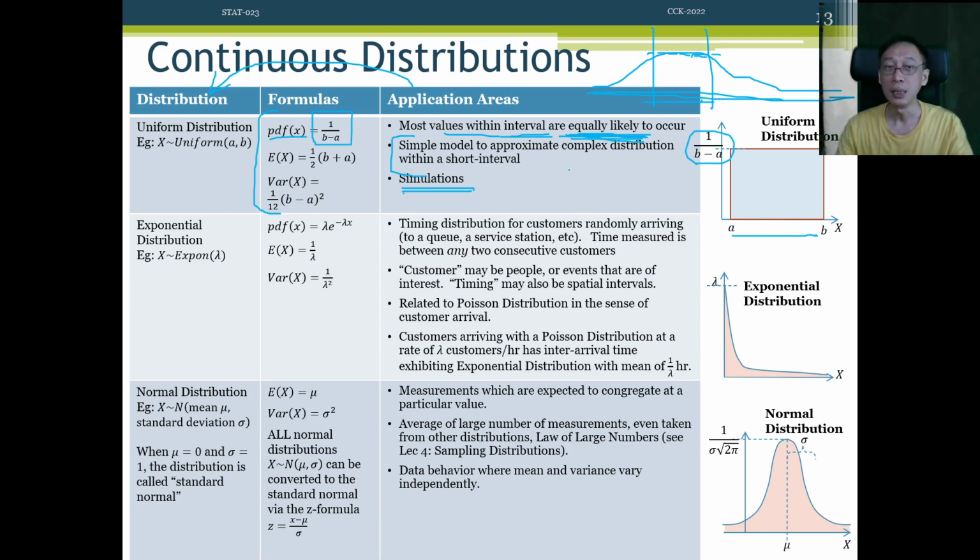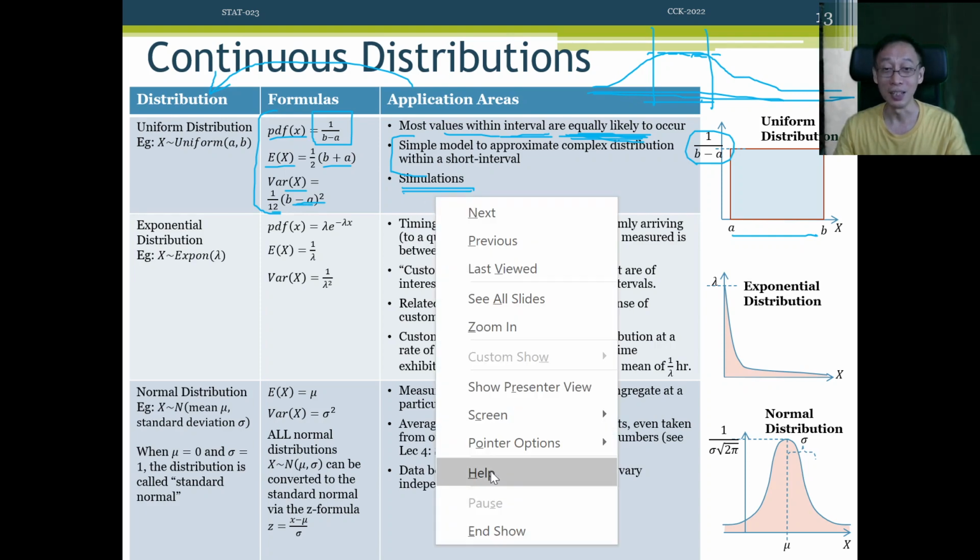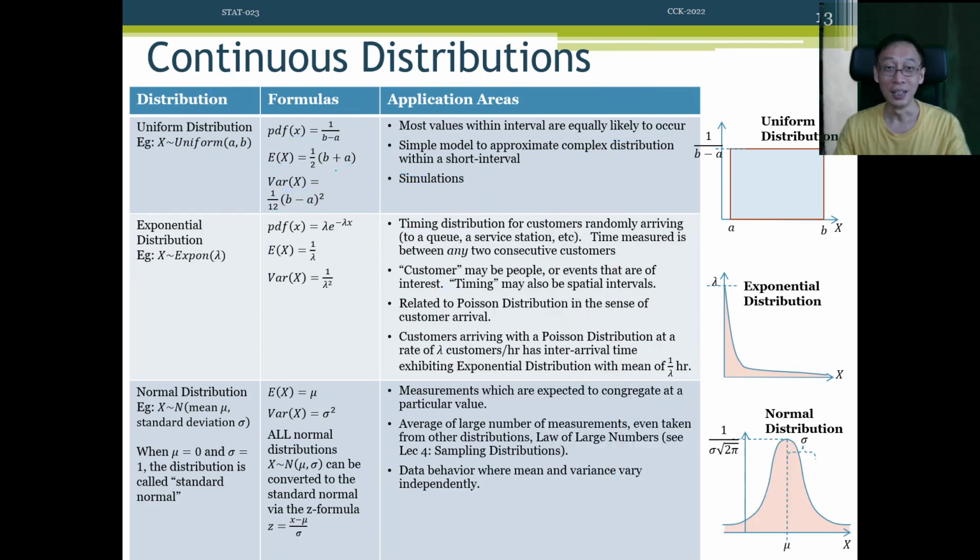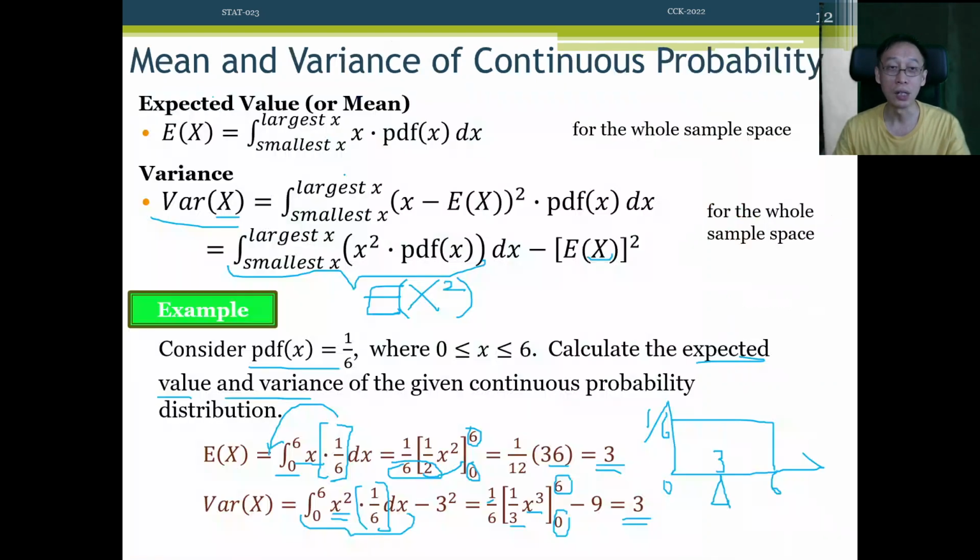The height must be this, so that when the height multiplies by the width, we get an exact 1. That's the reason. So using the integration calculation or otherwise, you can get the expected value of x is half of a plus b. Variance of x is b minus a squared over 12. So over continuous space, they all look very nice. The formulas look very simple compared with the discrete version.